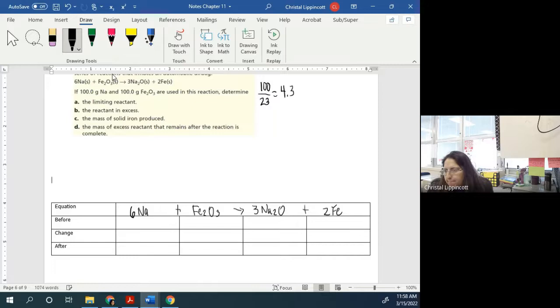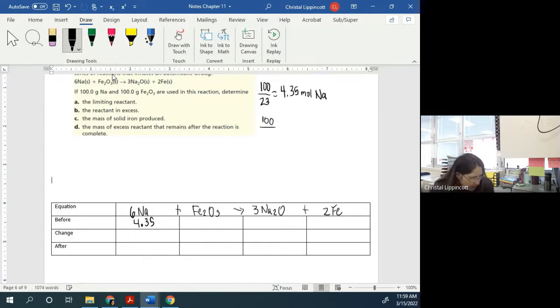So this ends up being 4.35 here. And this guy, I have 100 grams of him as well.